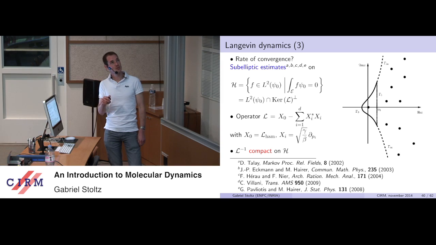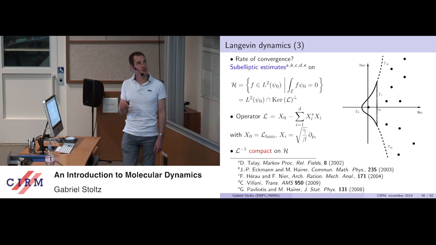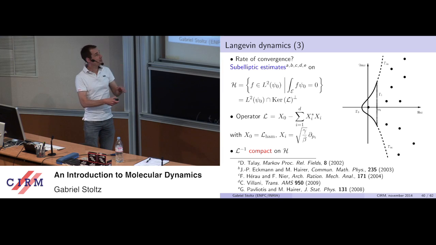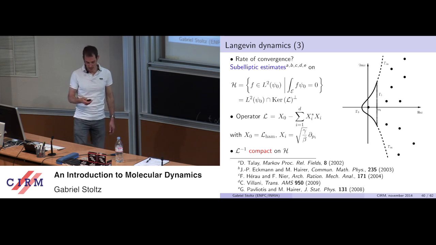And so typically the spectrum of L on this space L2 of psi naught, deprived from the kernel, would be of this form. So you would have some kind of a cusp region here in which the spectrum is contained. So it's not a sectorial operator for which the spectrum would be contained between two lines like that. But it's an operator for which the spectrum can go quite high in the imaginary part here. But the point is that you have here a spectral gap, and you can sometimes control the spectral gap.